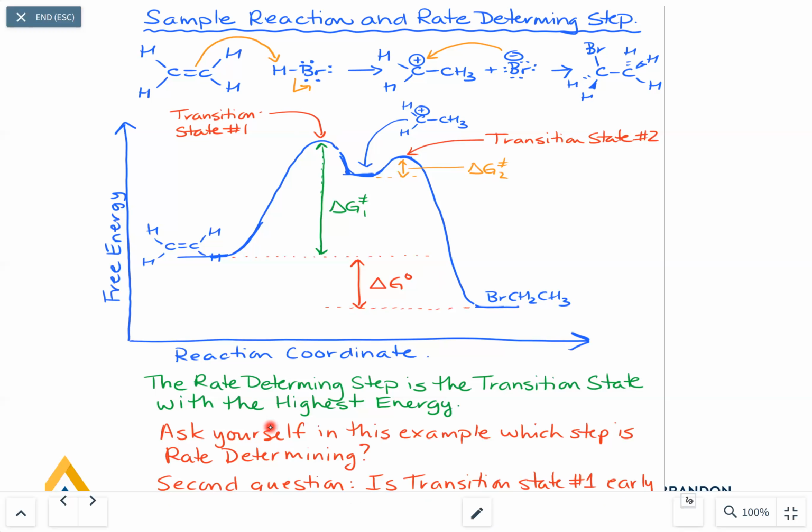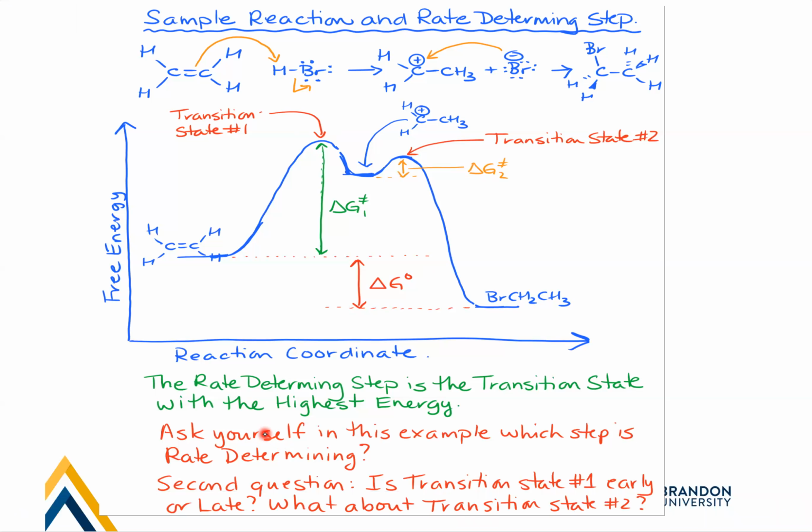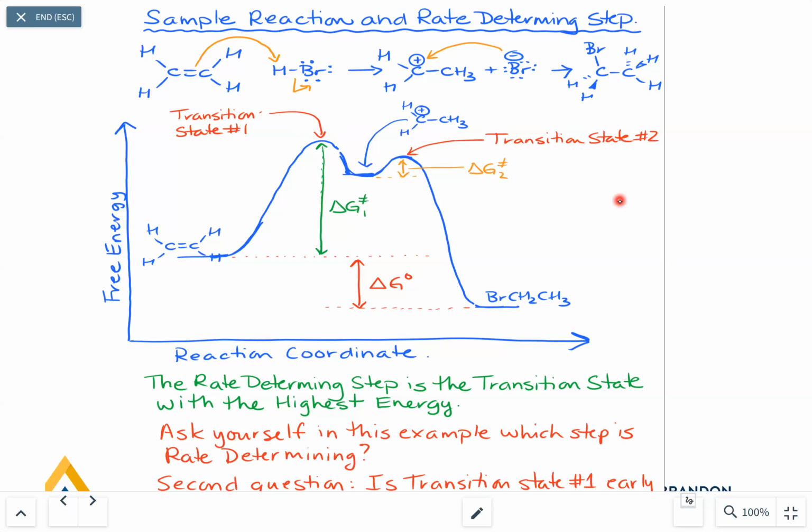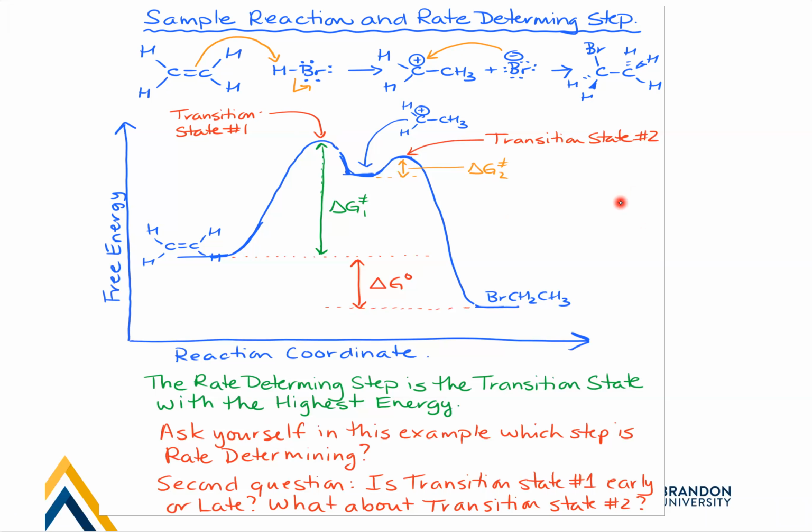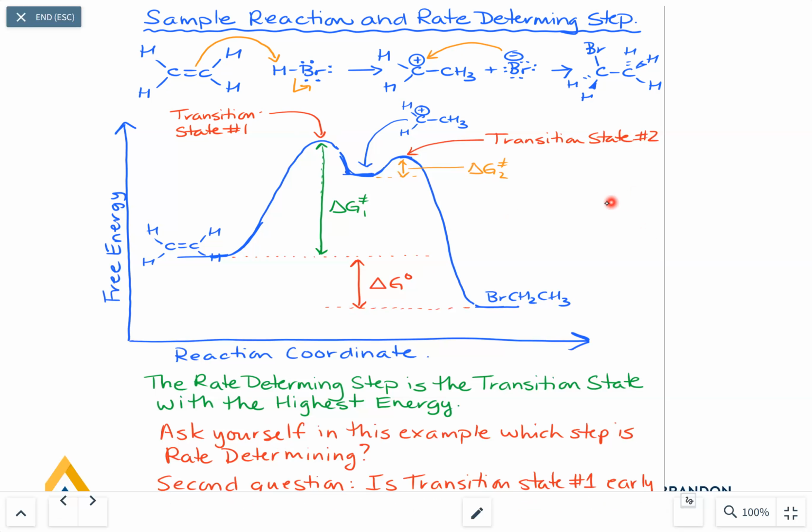So how do you determine which one's which? Yeah, without any data, it becomes really difficult. If you're just looking at a reaction, with a bit of experience, you might be able to say, okay, this is the way it should be.